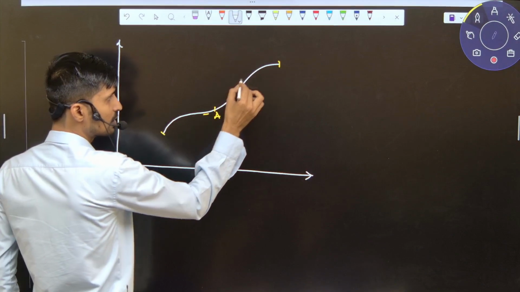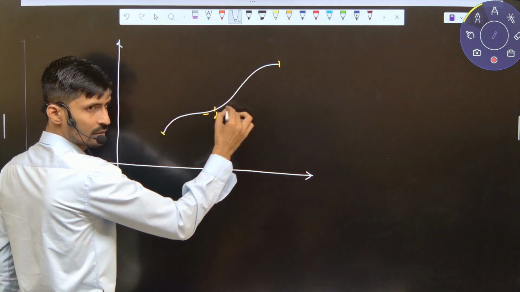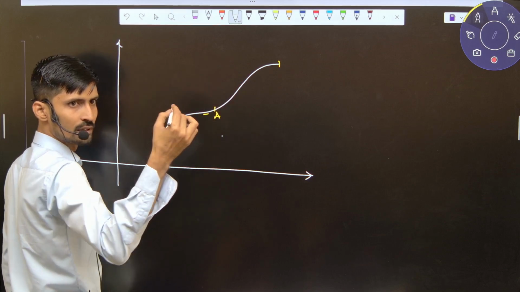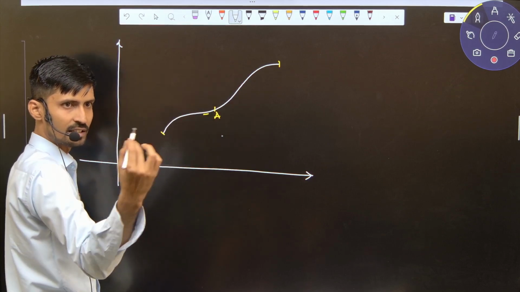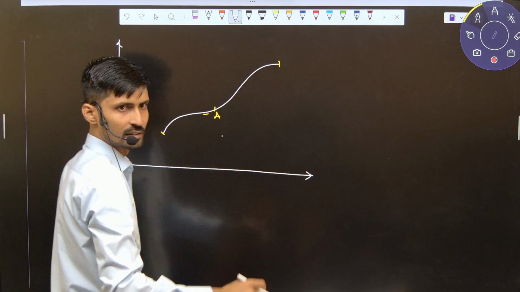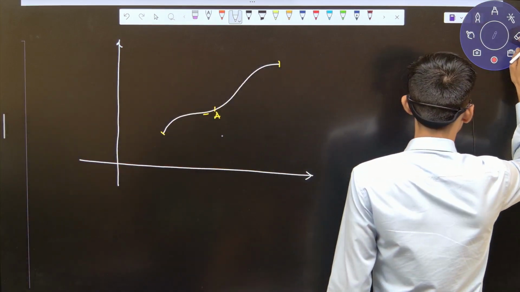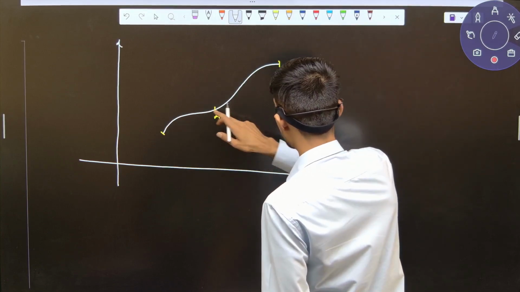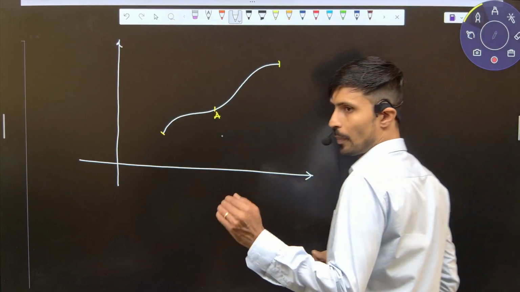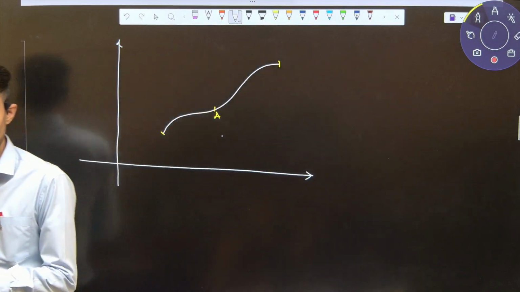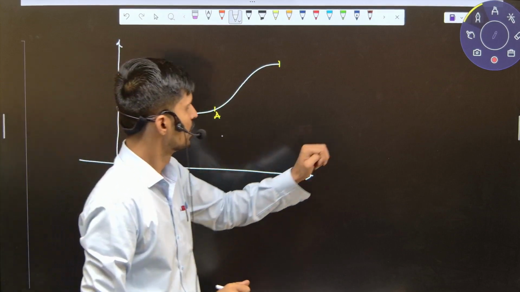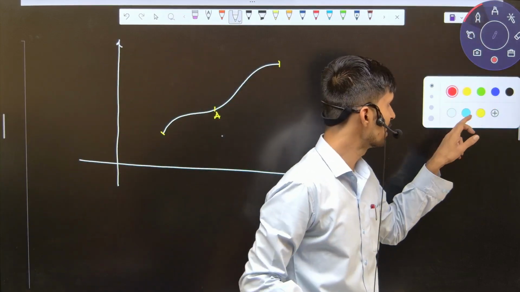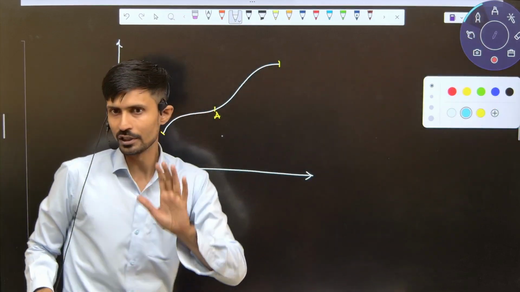I drew this whole graph without lifting my hand, directly. Yes or no? Now the question is, if I ask you to prove that at a point your path was continuous, how will you do that proof? That I am going to tell you, what mathematics we have to think for that.